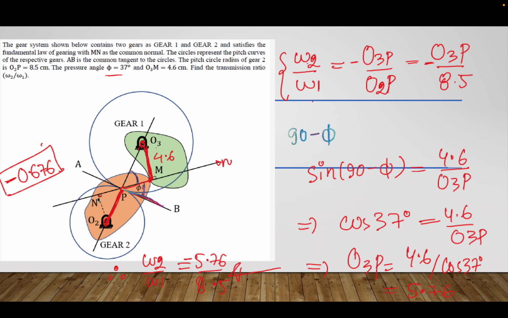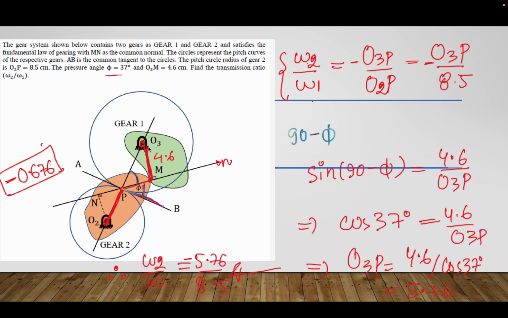So that is why I have written that Vm is equal to Vn, which is equal to Vc2n. I wrote that velocity Vn as O2N into omega 2. That is straightforward. Similarly here, I have substituted for Vc3n as Vm, and then Vm I wrote as omega 3 into this distance.